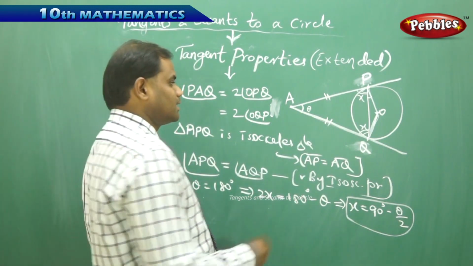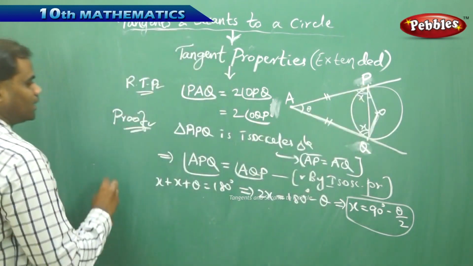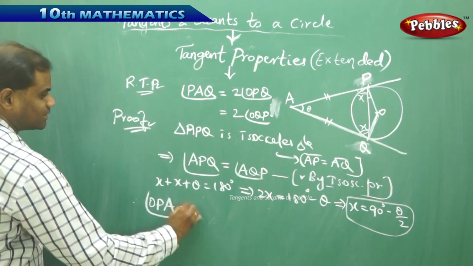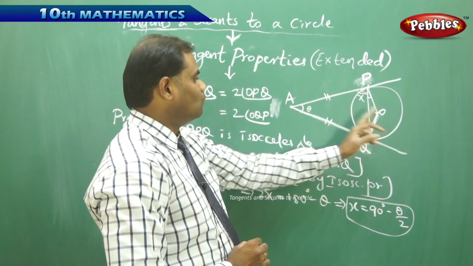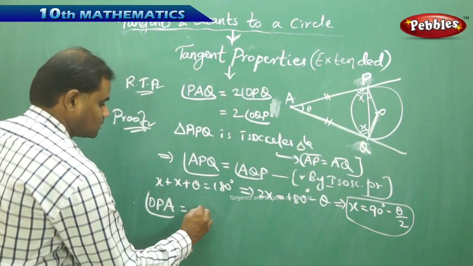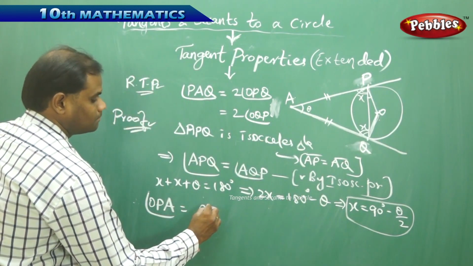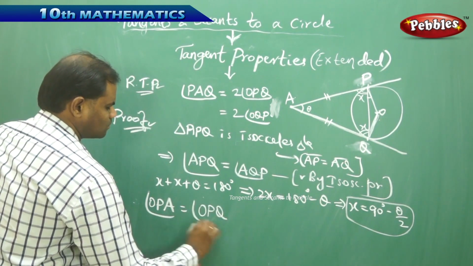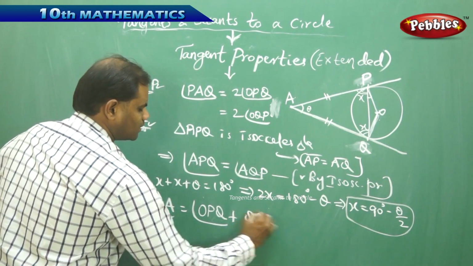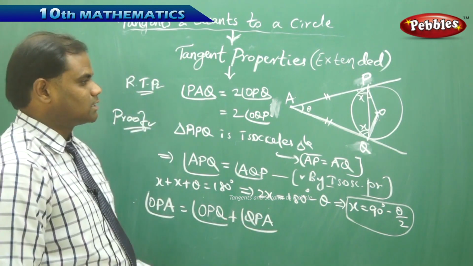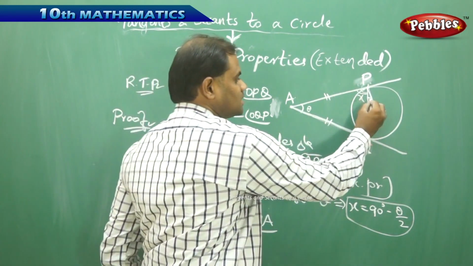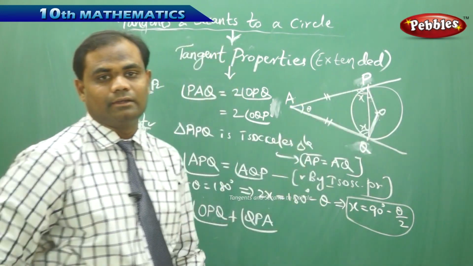Now next I consider the angle OPA. Therefore, angle OPA, as I see in the diagram, is angle OPQ plus angle QPA, when I split the entire angle into this angle plus this angle. So this plus this is the entire angle.